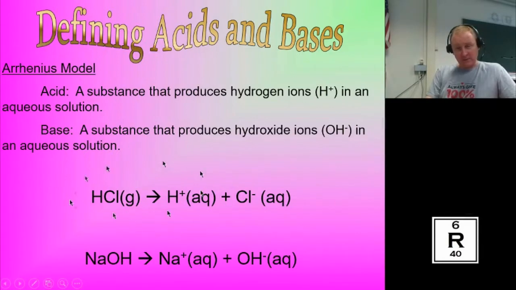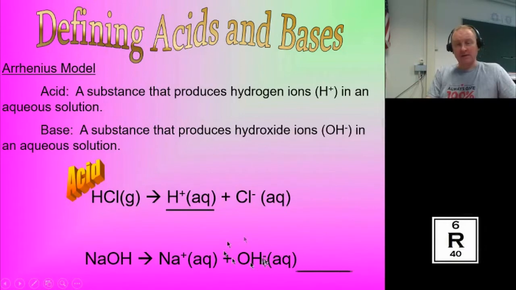By the definition, if hydrogen ion is produced, that makes it an acid. So this is hydrochloric acid. And in the second one, if you notice that a hydroxide ion is produced, the fact that hydroxide was produced makes this a base. The Arrhenius model.